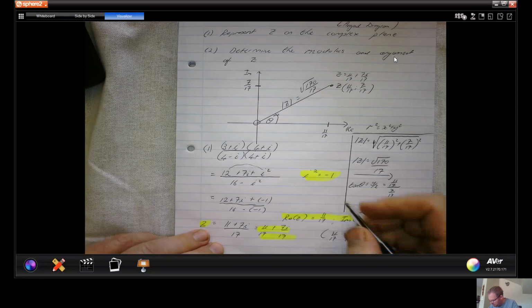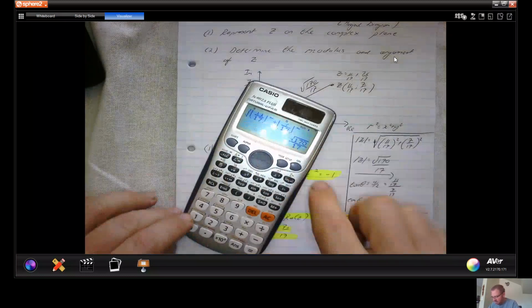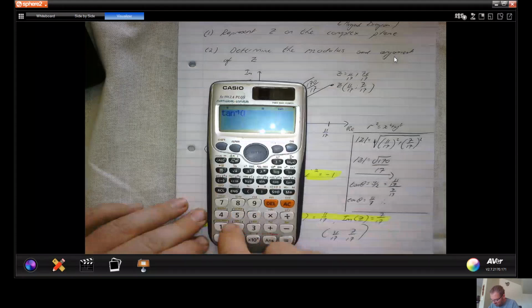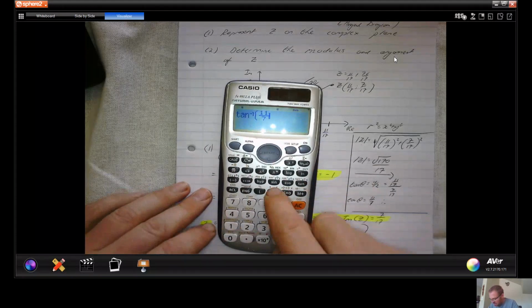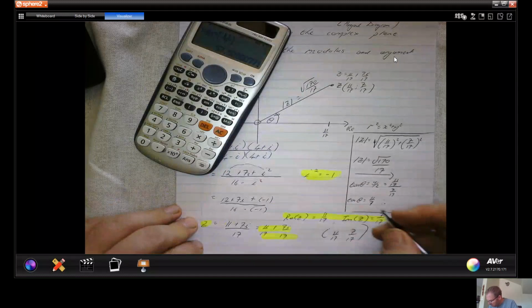If I multiply through, the 17ths will cancel out, and you'd do it in one step on the calculator, tan theta is equal to 7 over 11. So to find the angle, you're going to go shift tan to the minus 1 of 7 over 11. And that gives us an answer for theta of 32.47 degrees.